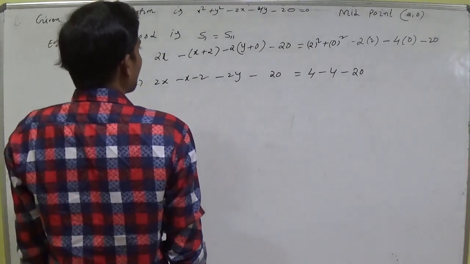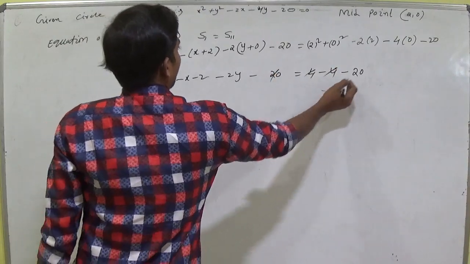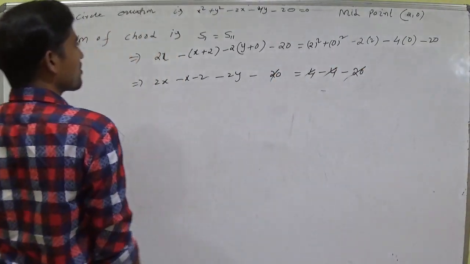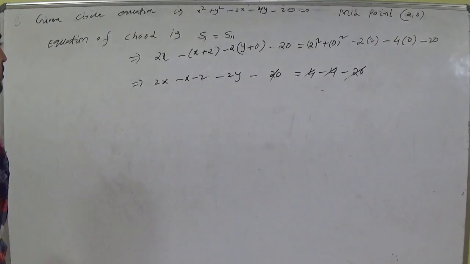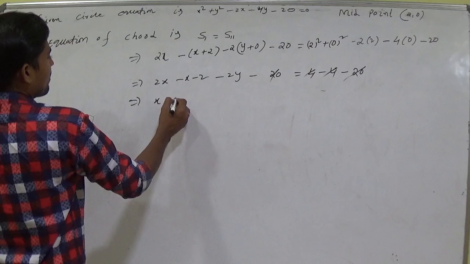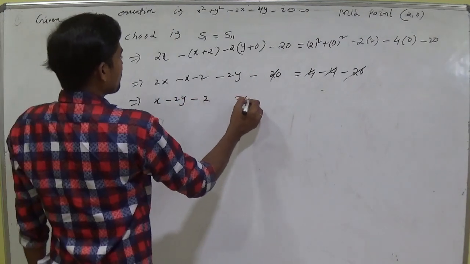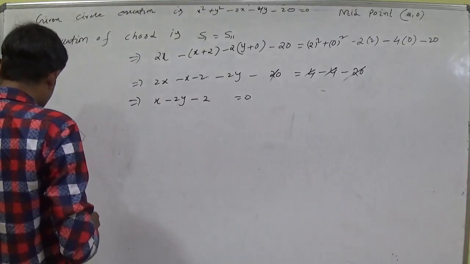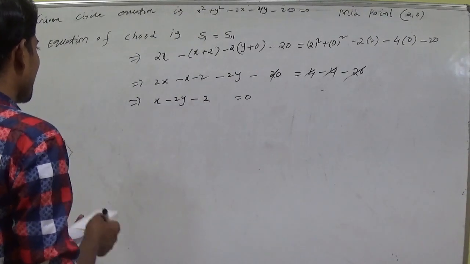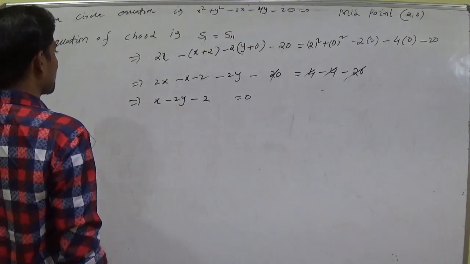So here this becomes 0. So x minus 2y minus 2 equal to 0. That implies x minus 2y minus 2 equal to 0.